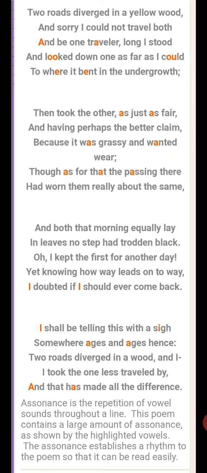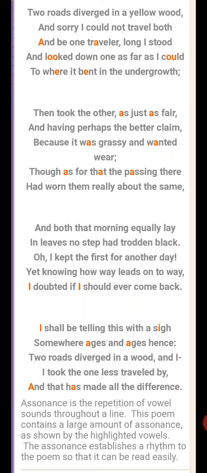So, what do you mean by assonance? Yes, assonance or vowel rhyme is a repetition of vowel sounds across a line of text or poetry. So here, the repetition of the O sound in roads and yellow in the first line of the poem. That is, two roads diverged in a yellow wood.